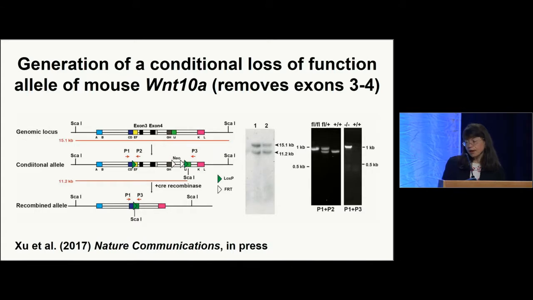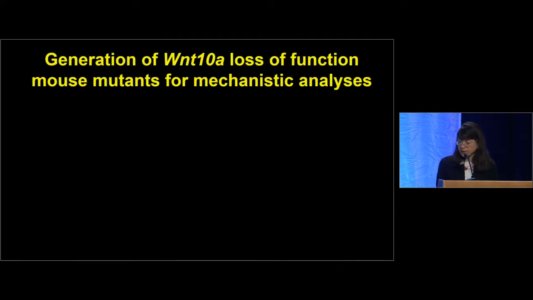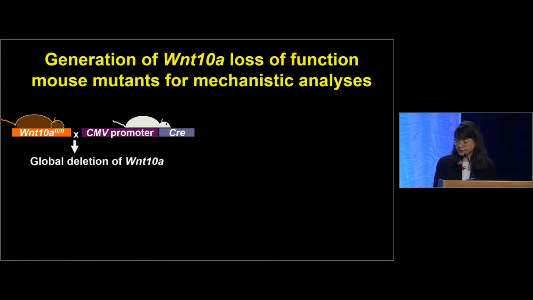In order to understand the signaling properties and functions of Wnt10A in more detail, we decided to generate a loss of function mouse model. We made a floxed allele of Wnt10A that we then crossed to a globally expressed Cre construct for global deletion of Wnt10A.